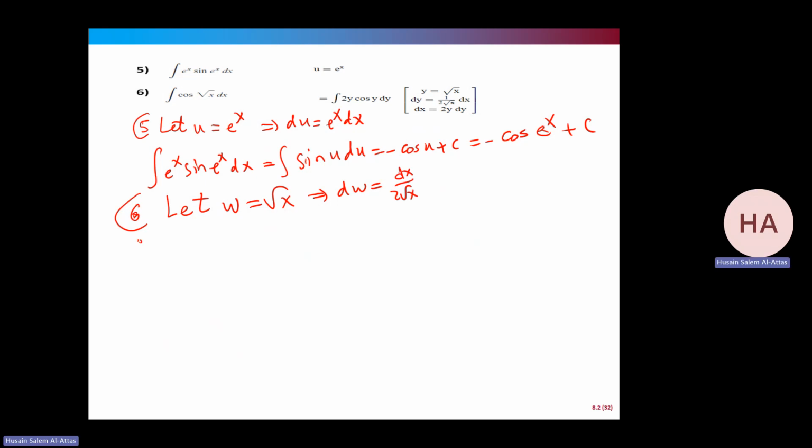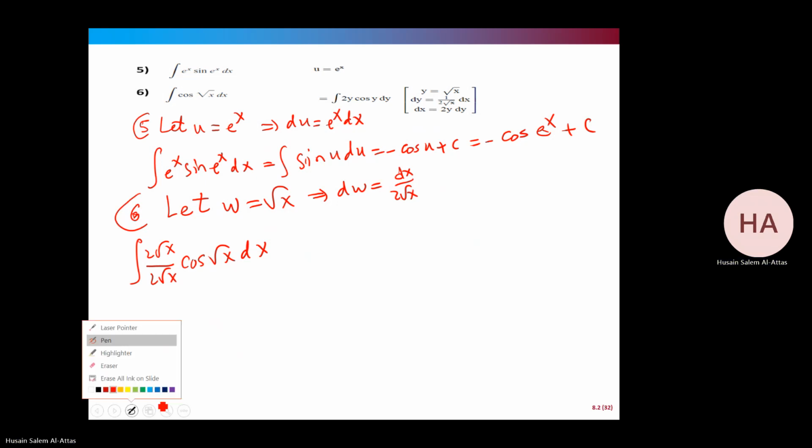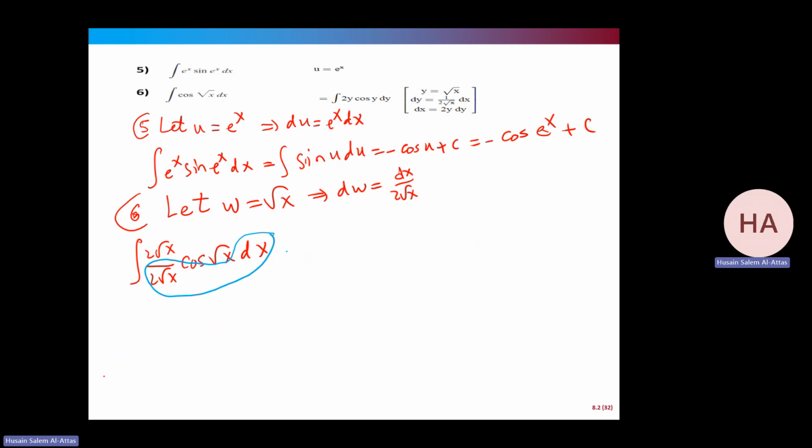Okay, so I will rewrite this cosine square root of x dx and multiply by 2 square root of x over 2 square root of x, where that one will be my dw. So I have 2 integral of w cosine w dw.